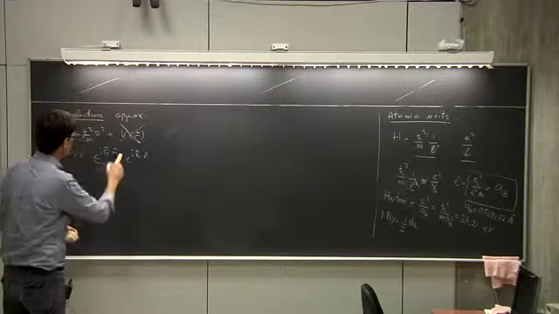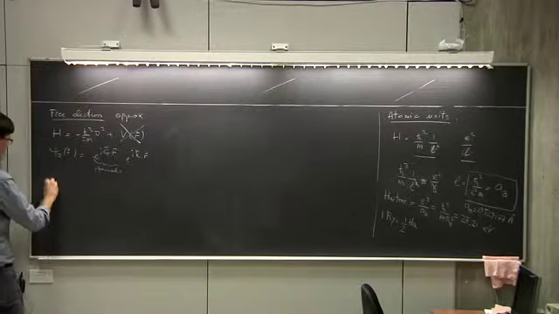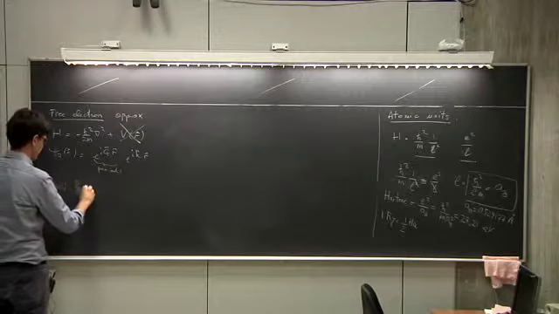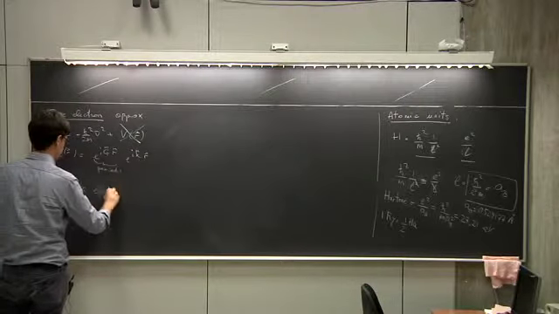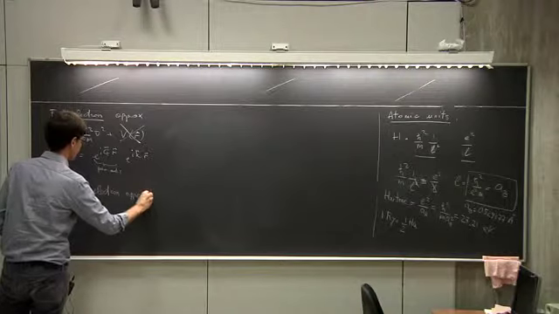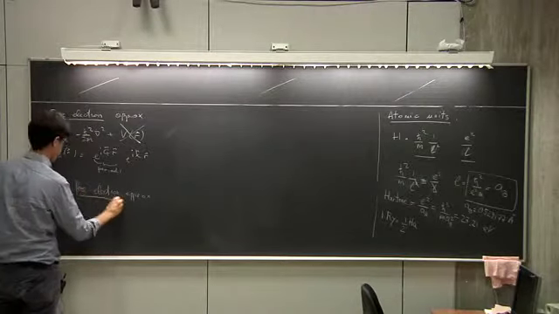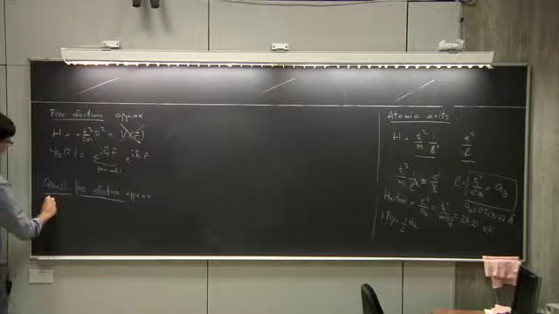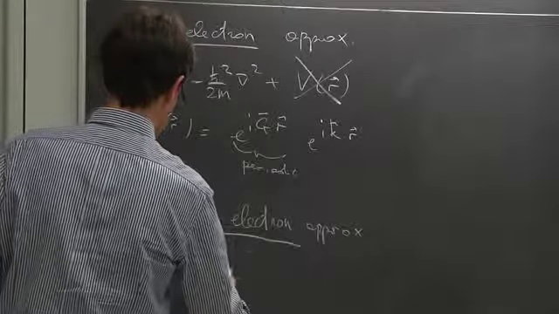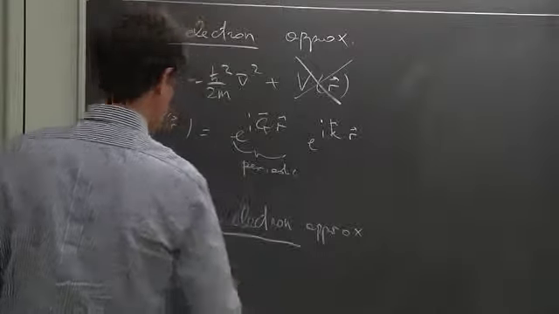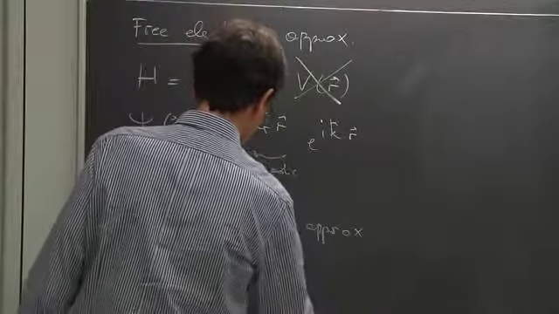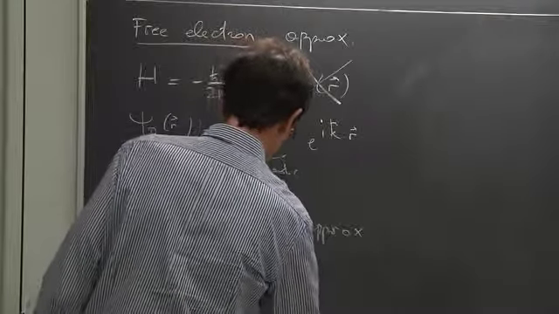So I'm now going to introduce the so-called quasi-free electron model approximation. Quasi because my Hamiltonian now is still kinetic energy, and then there is a potential here which is weak.